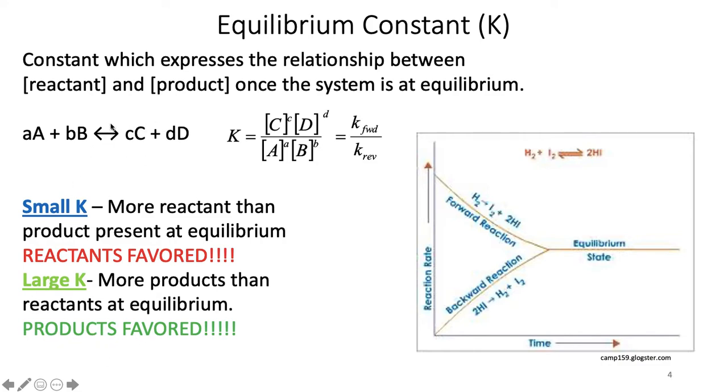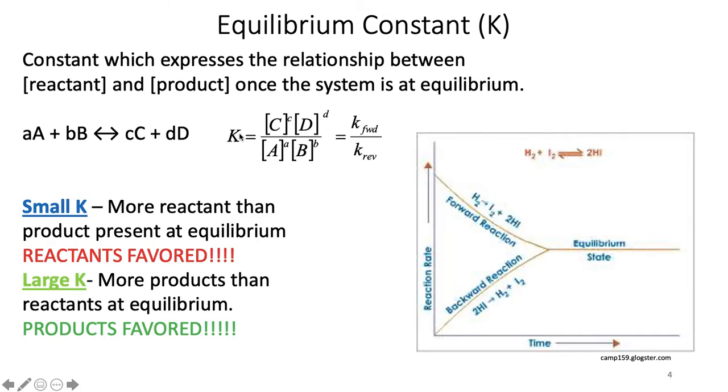Favoring the products means it makes a lot of product, versus favoring the reactants, which means it makes more reactant but doesn't consume the reactants. So to have a large value for K, I need to have a lot of product up on the top, and therefore my products are favored. I have more products than reactants at equilibrium.